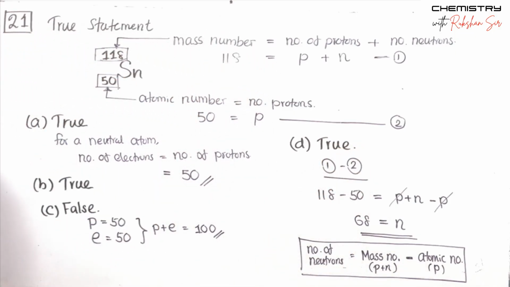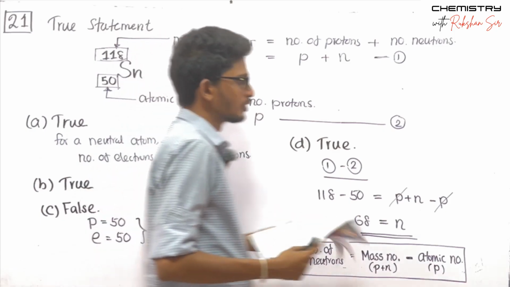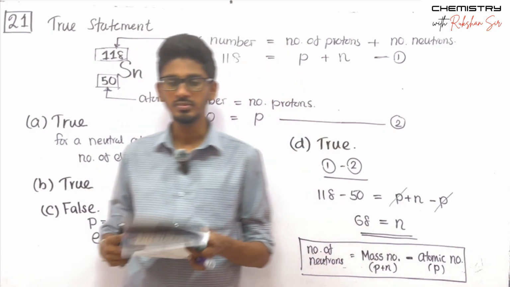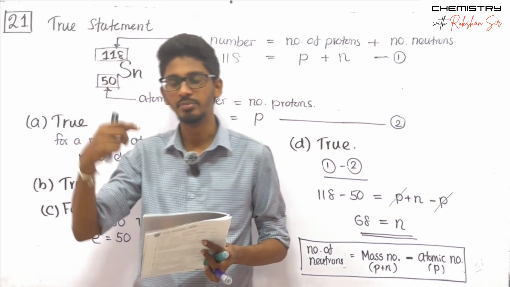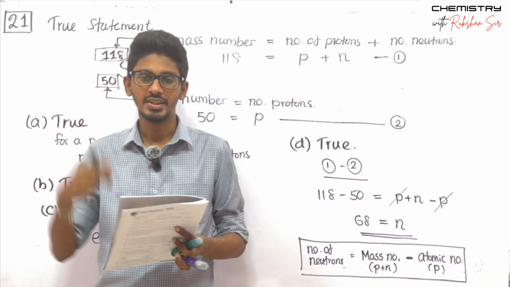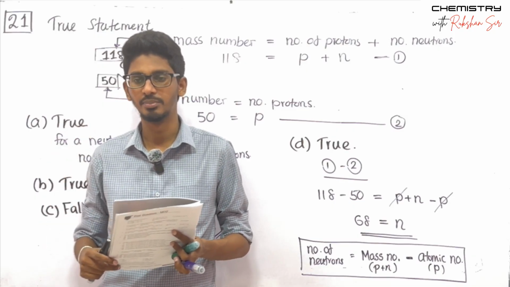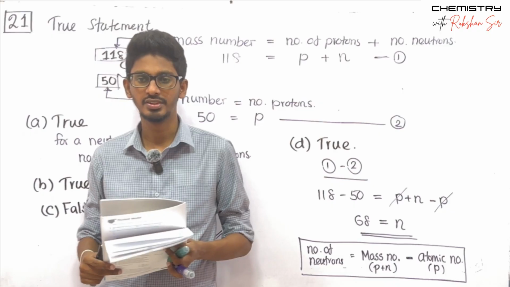So statements A, B and D are true. That means the answer should be number 5. This is an A, B, C, D kind of question. If A and B are true, that is number 1. B and C are true, number 2. C and D are true, number 3. A and D are the choices, number 4.